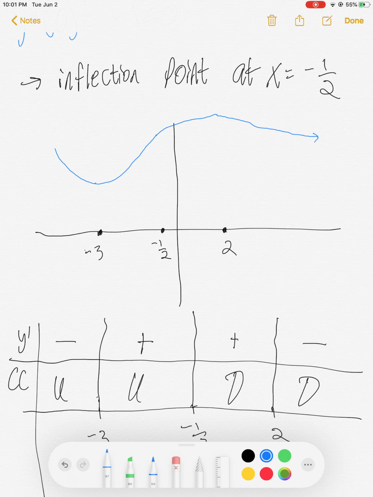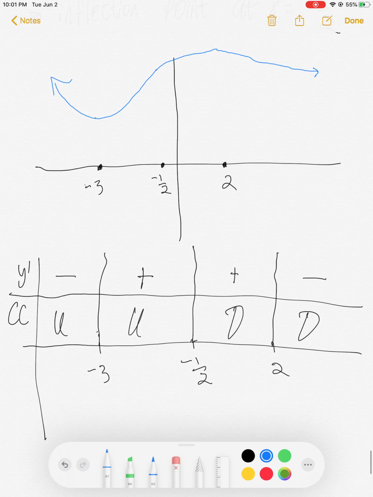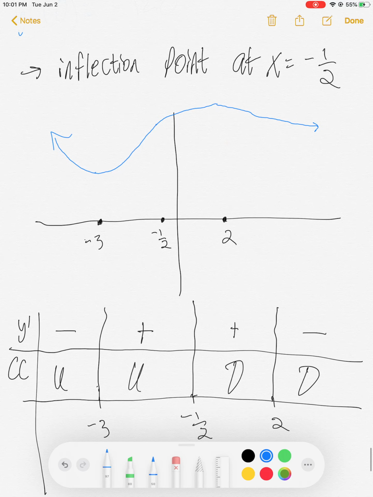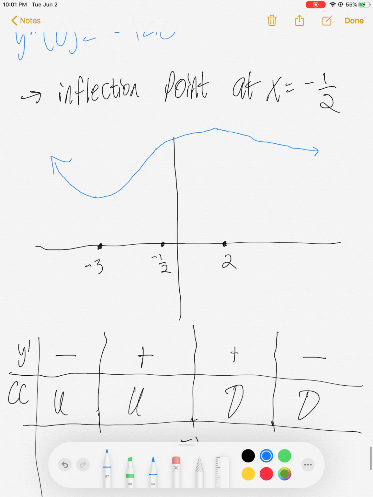Then we hit -1/2, and we flip to concave down, but we're still increasing. And then at x equals 2, we flip to decreasing, and we remain concave down. So our function might look something like this. Ta-da!